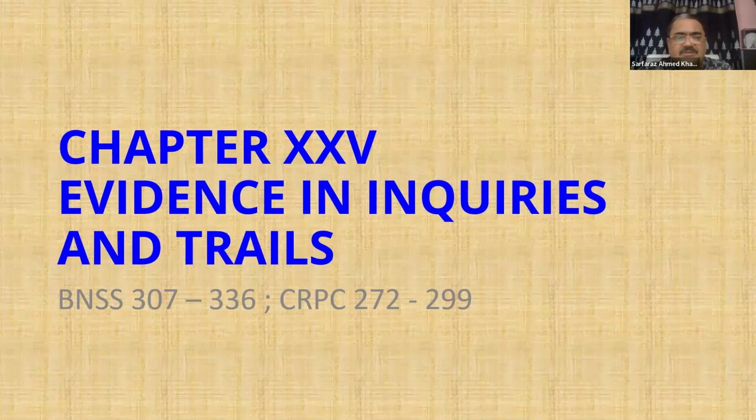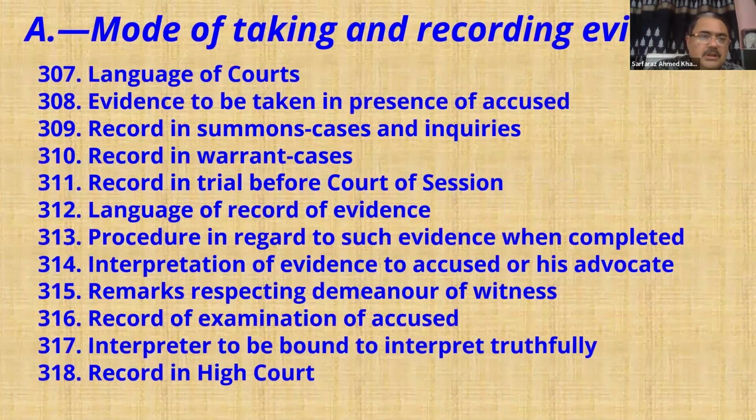Chapter 25 is the most important chapter in respect of conducting trial. So from 307 onwards, you will find a large number of sections till 318. These talk about the procedure or process in which trials are conducted.